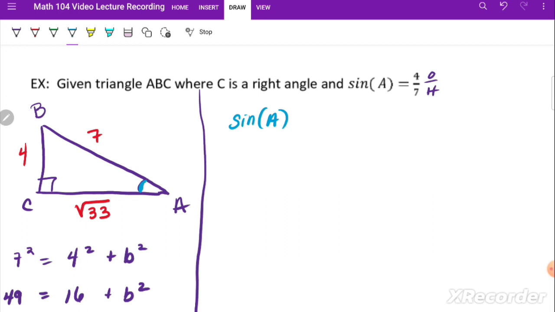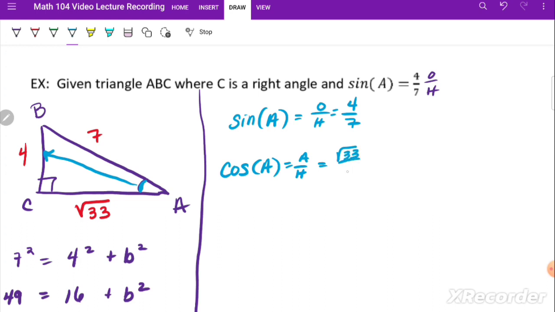Sine of angle A. Now, this will be our opposite side for angle A. Opposite over hypotenuse, they gave that to us. 4/7. Cosine of angle A, that's going to be our adjacent side divided by the hypotenuse. Square root of 33/7.